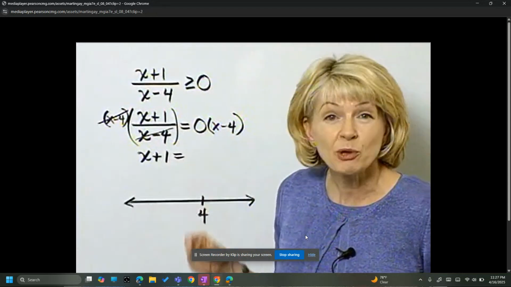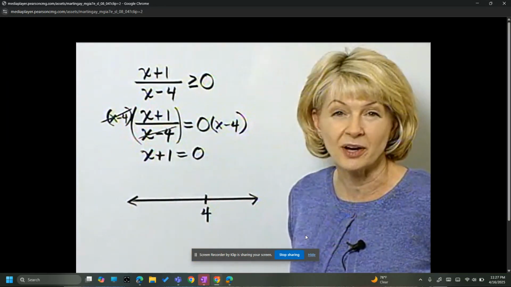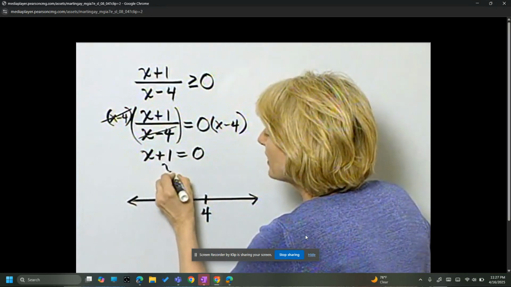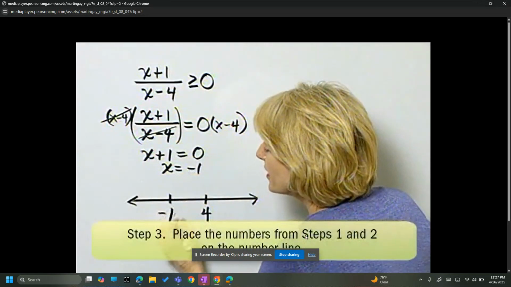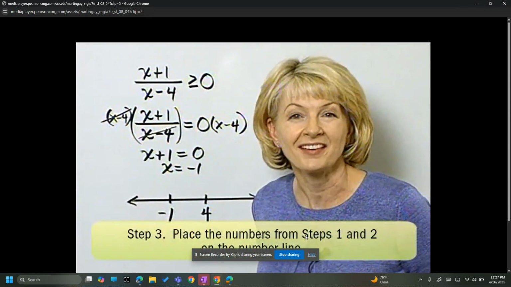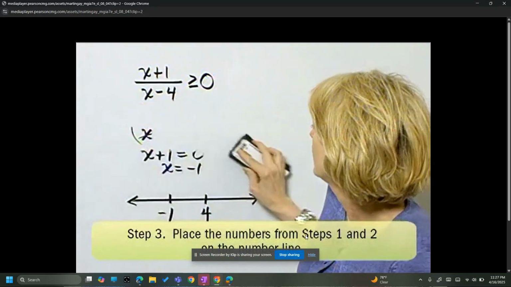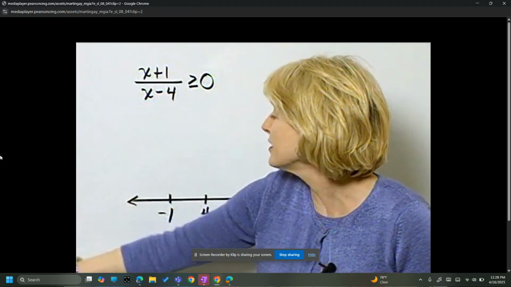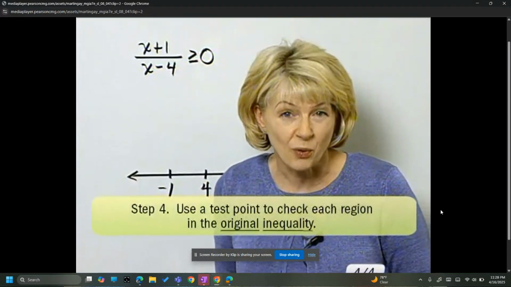The right side, 0 times x minus 4, is simply 0. And then solving, we'll have x is negative 1, another number on the number line. And now, just as for polynomial inequalities, we check these regions in the original inequality.